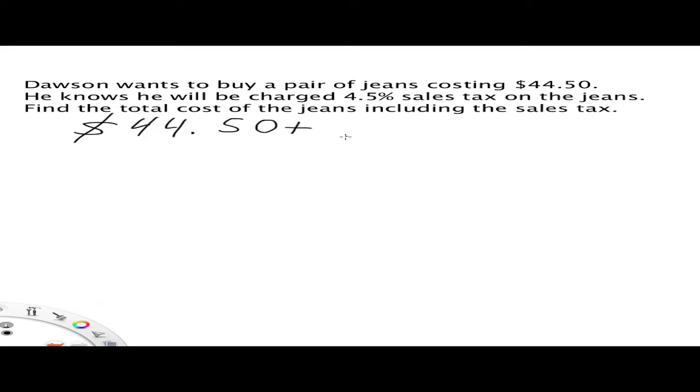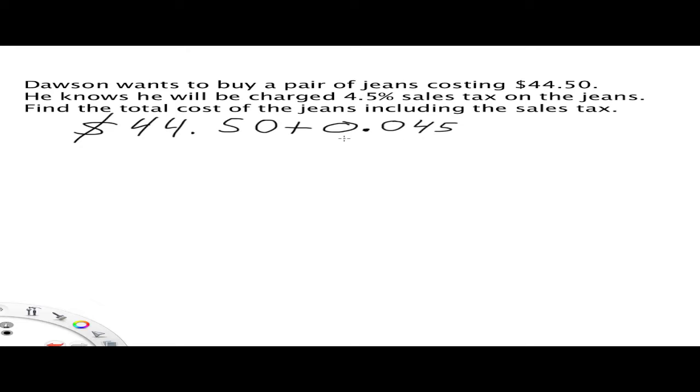Now I can't use 4.5%. I need to convert that to a decimal form, and I need to move my decimal place 2 decimal places to the left. So that's going to be 0.045 or 45 hundredths.